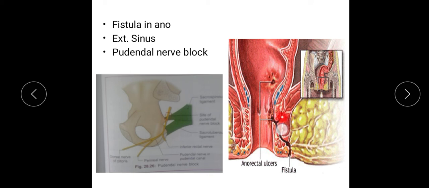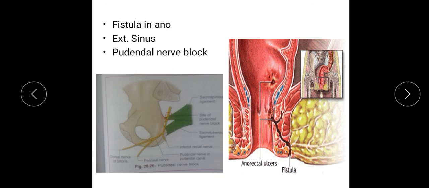It may open internally into one of the anal crypts, and the tract traverses the superficial part of the external anal sphincter and lower part of the internal anal sphincter, and a blind sinus lies high up in the ischioanal fossa.